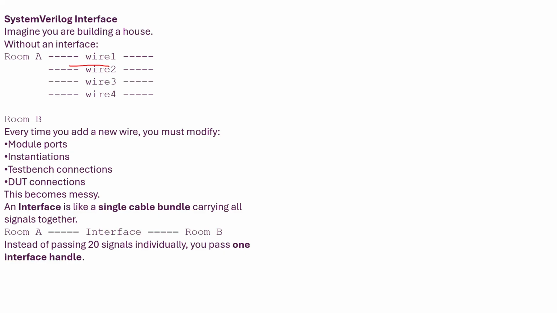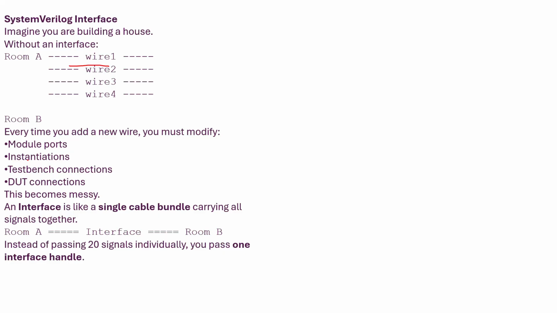If you want to add new signals, you need to use new wires and connect them. Those are the module ports we are connecting, and then we do the instantiations. This instantiation and test bench connection, the DUT connection, becomes very difficult to maintain.